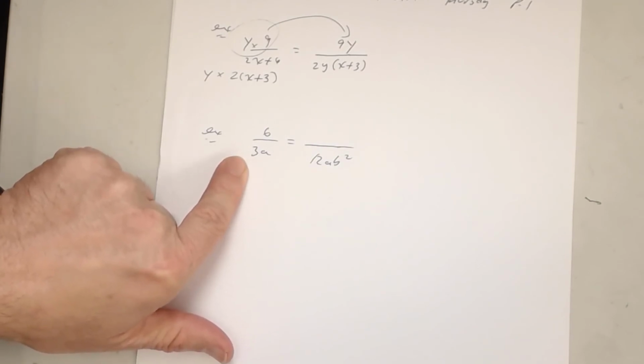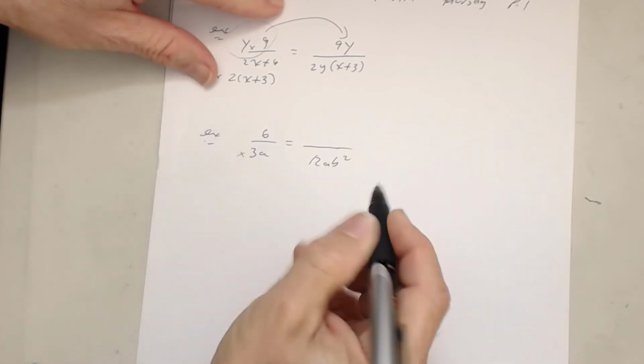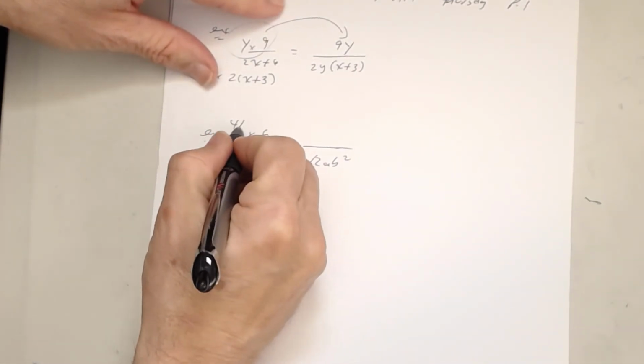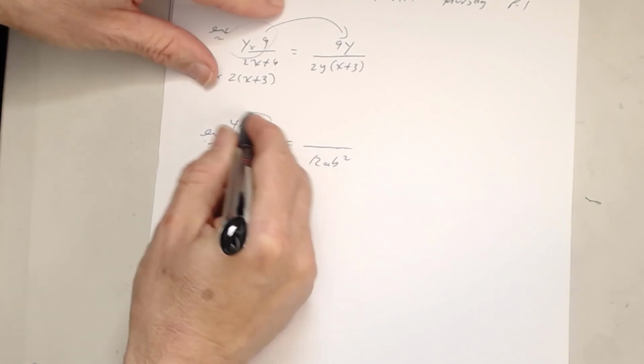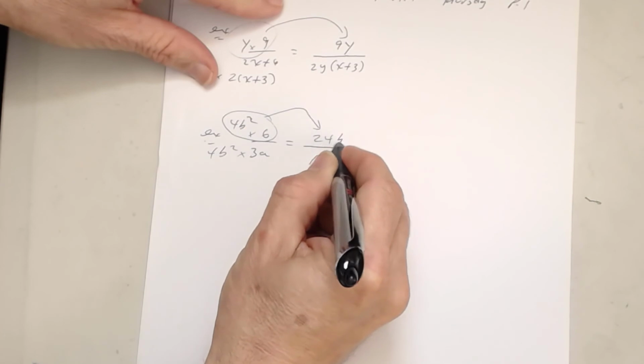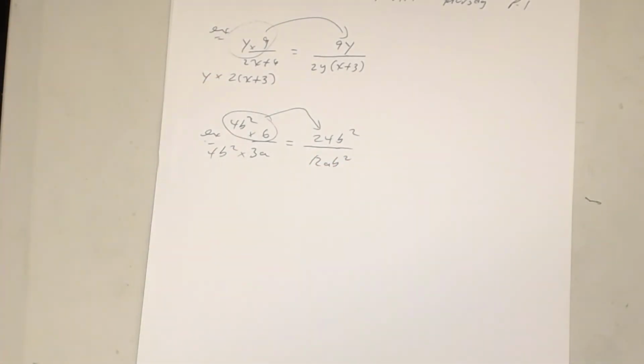And then b squared. So I got to multiply this by 4b squared. But what I do to the denominator, I do to the numerator. So this goes here. So what do I write? 24b squared. All right, so that's what we talked about last class period.